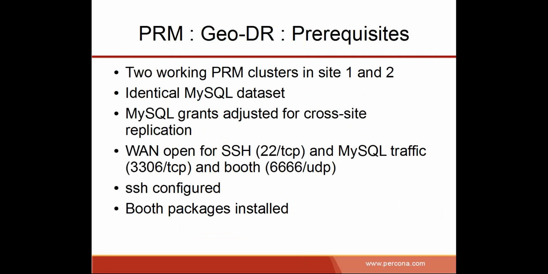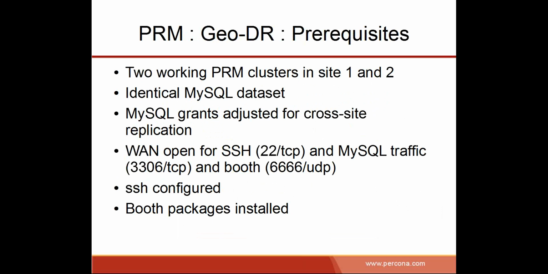So, like I said, the prerequisites for that setup to work: 2 PRM clusters working, site 1 and 2, with an identical MySQL data set, so all the nodes have the same data set. The MySQL grants are adjusted for cross-site replication, so any node can be a slave of any other server without any grant problem.